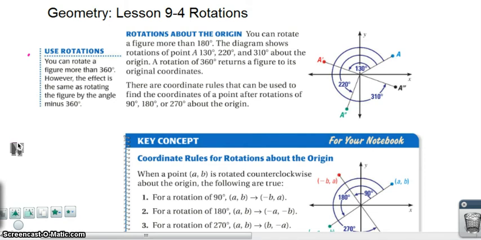When they specify a rotation in our textbook, we are going to deal only with rotations where the angle is measured in a counterclockwise direction. So, for example, in this diagram in the upper right corner, where I'm attempting to draw in purple, that line is trying to show a 130-degree rotation.